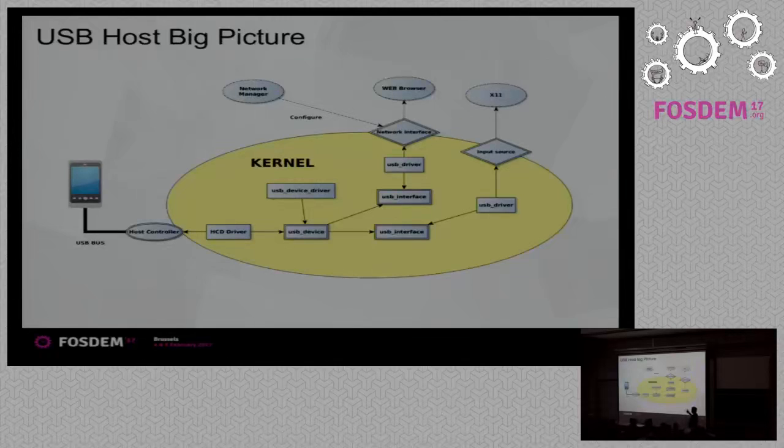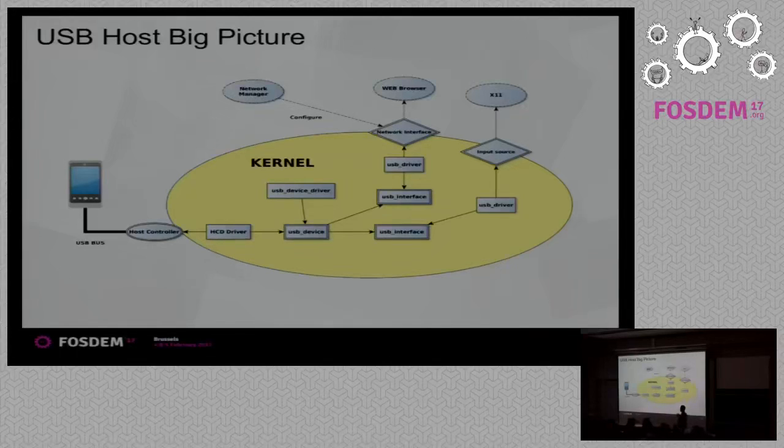Okay, so how does it look in the big picture? We have our device. In this case, it's a Droid, but usually it will be a phone or pen drive or something. We have our host controller and the driver for that host controller. The USB device represents our USB device as a whole, and we have a generic driver for all USB devices.